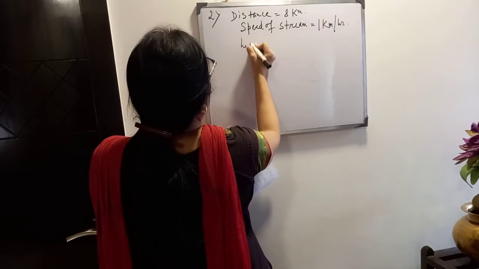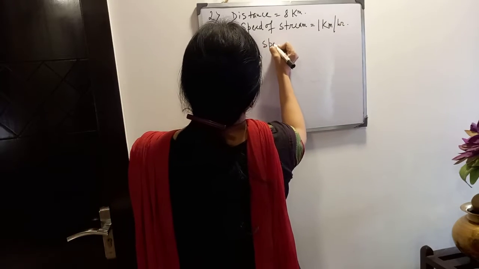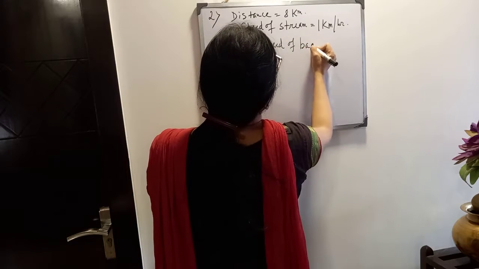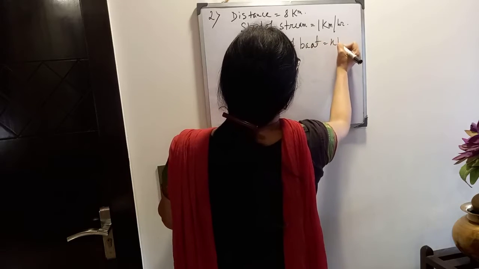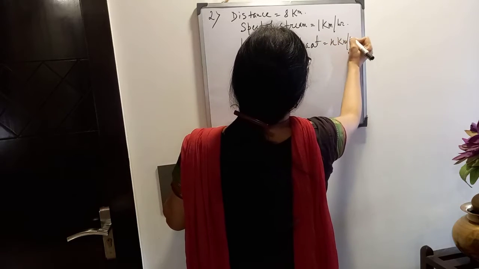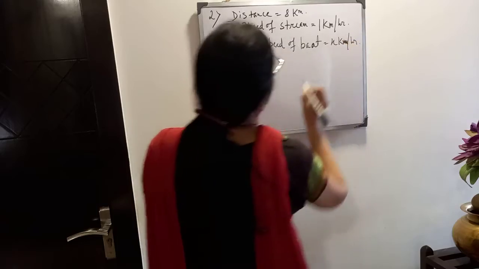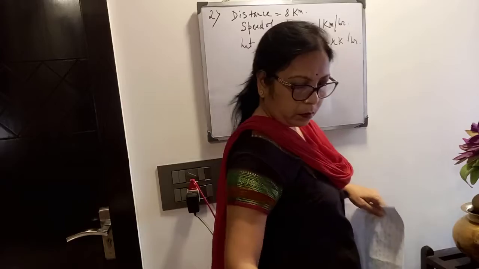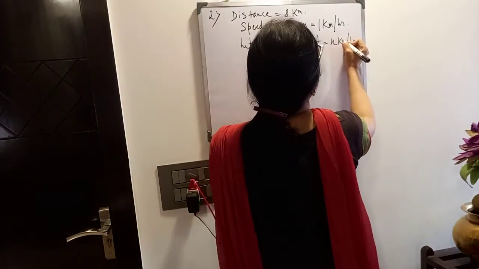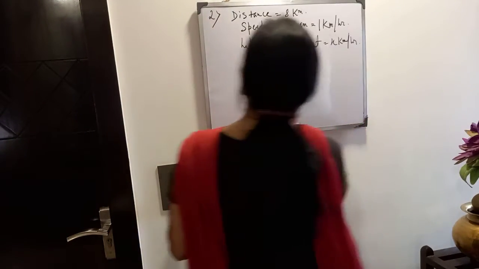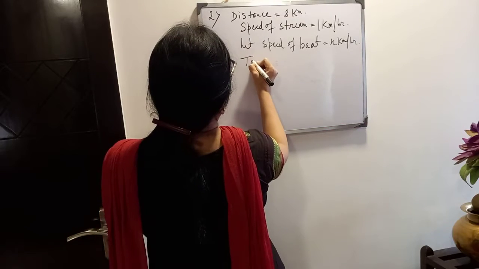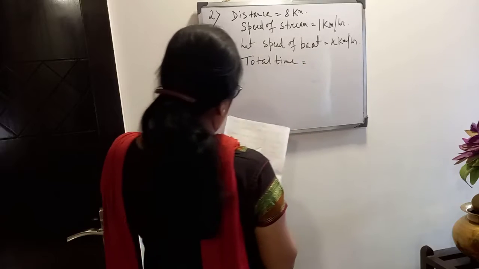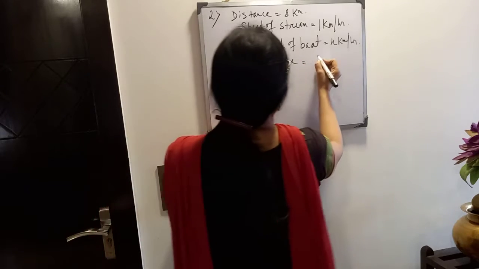We are considering the speed of the boat in the lake to be x km per hour. And the total time given is 4 hours 16 minutes.